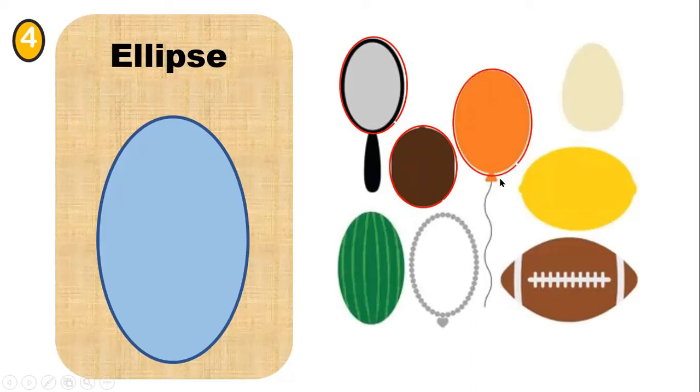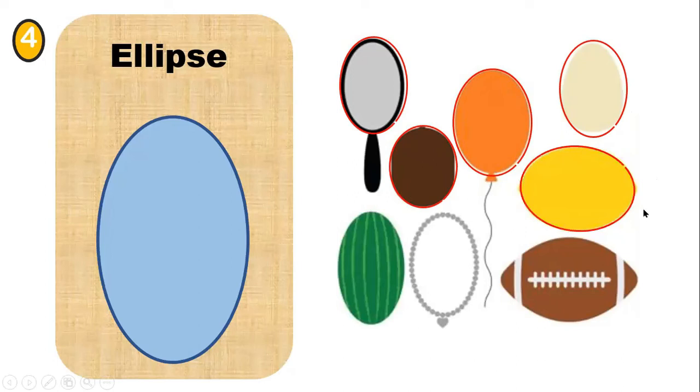When we look at this balloon, you will see that you can see like an ellipse when you just take a front view of it. Look at this. Also, you will see that it is like an oval. Look at this lemon.